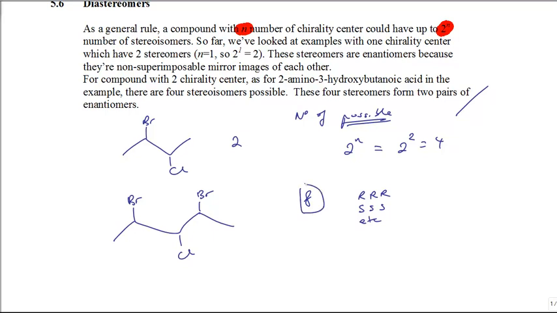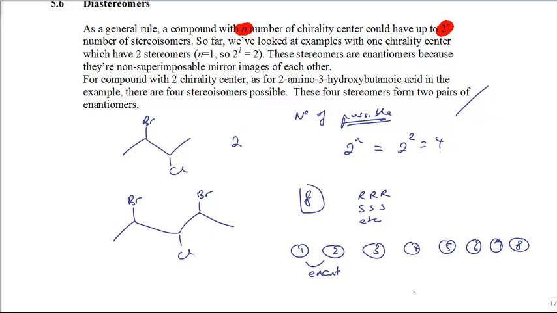So within these 8, let's call it 1, 2, 3, 4, 5, 6, 7, 8. If these are mirror pairs, if these are enantiomers, then one and all the other ones, what must they be? They must be diastereomers. So anything else that's not a mirror image is a diastereomer.